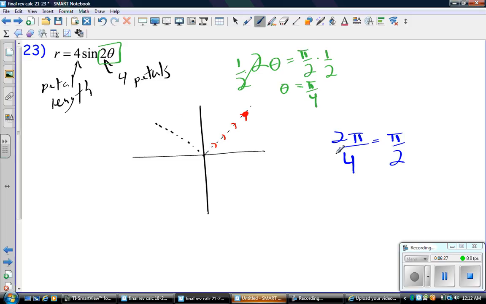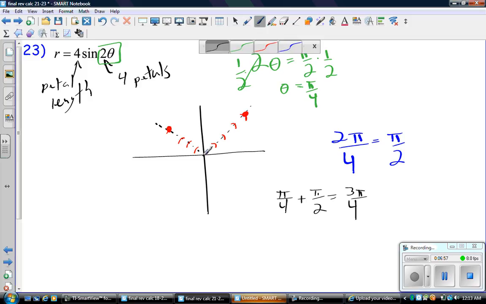If you want verification of that, just think, okay, I started at pi over 4. If I add pi over 2, you get common denominators, that'll be 3 pi over 4. So my next petal is at 3 pi over 4. And then that's out 1, 2, 3, 4, because that was my length.